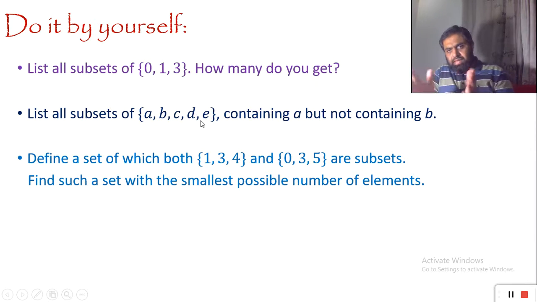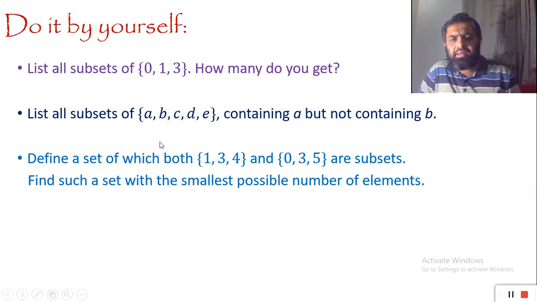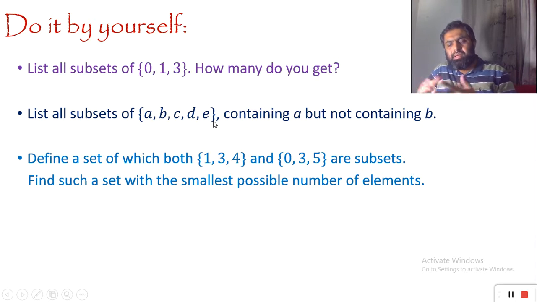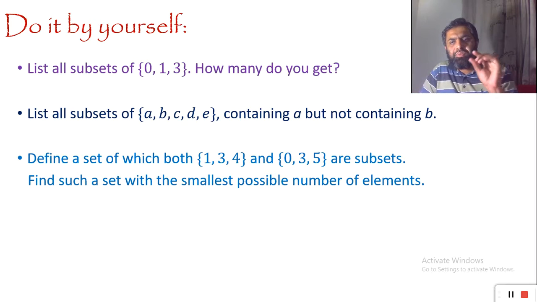It becomes a 3 element set. List down all the subsets of CDE, 2 raised to 3, which is 8 subsets. Then we place A in each and every set because A must be part of it.